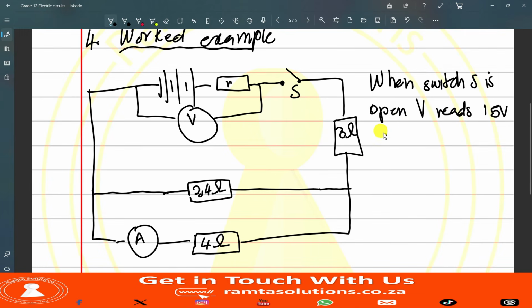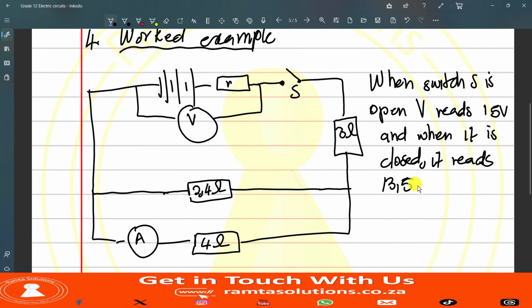And when it is closed, it reads 13,5 volts.